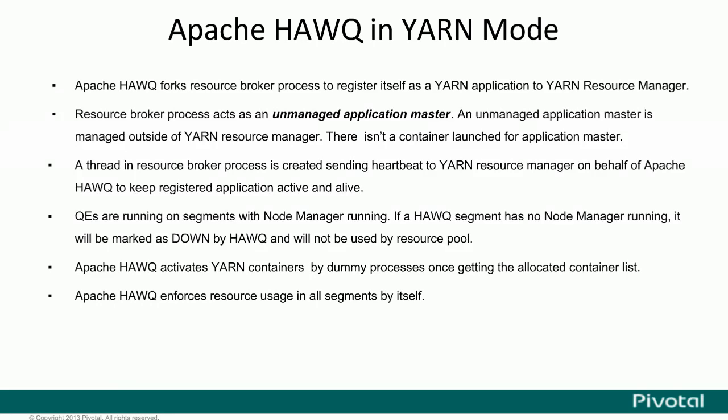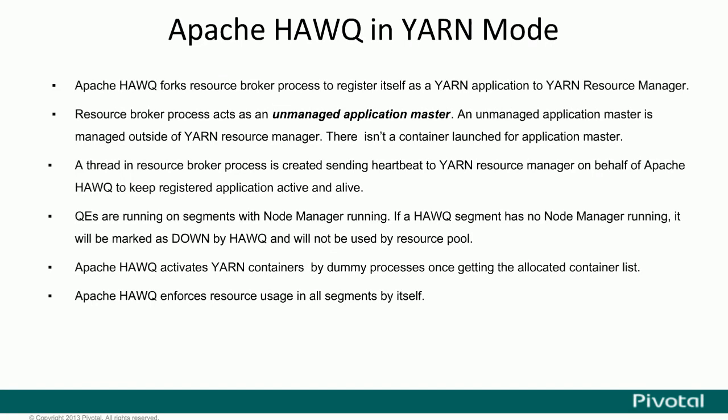Right, so Apache Hawk in YARN mode. Apache Hawk basically registers itself as a YARN application, and that resource broker will run as an unmanaged application manager, meaning it doesn't run inside of a YARN container itself. It's independent and runs independently of YARN.